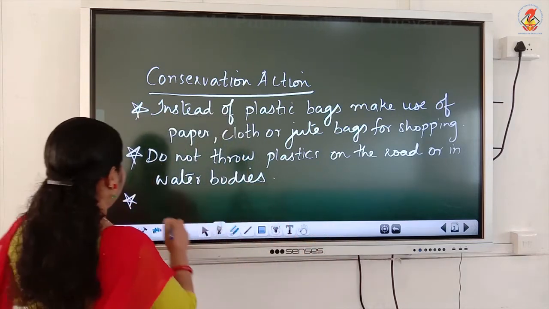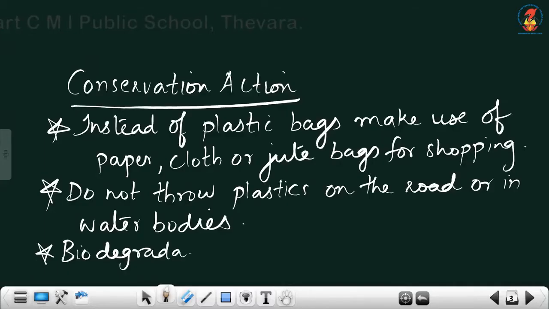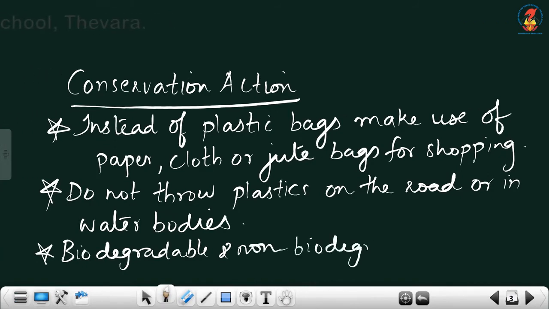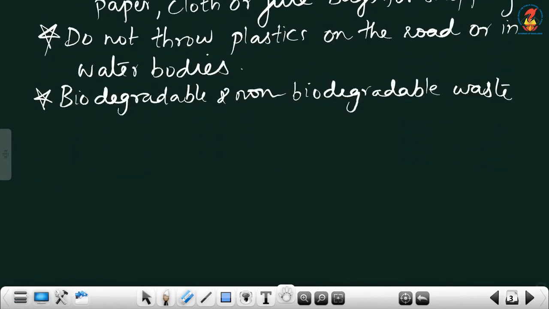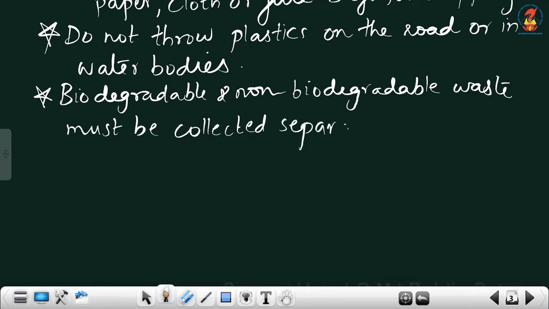Okay. So biodegradable and non-biodegradable waste must be collected separately and disposed of separately.